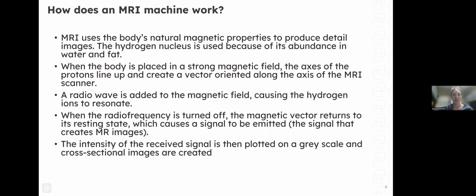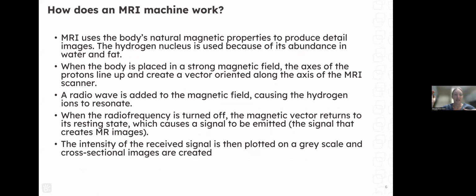So how does an MRI machine work? We're going to talk very basics on this one. The MRI uses the body's natural magnetic properties to produce detailed images. The hydrogen nucleus is used because of its abundance in water and fat. When the body is placed in a strong magnetic field, the axes of the protons of that water molecule line up and create a vector along the axis of the MRI scanner.